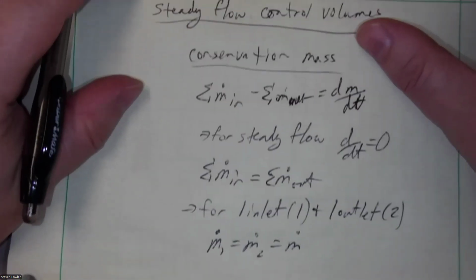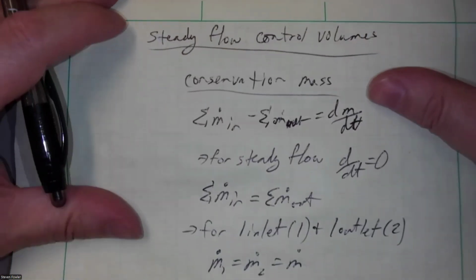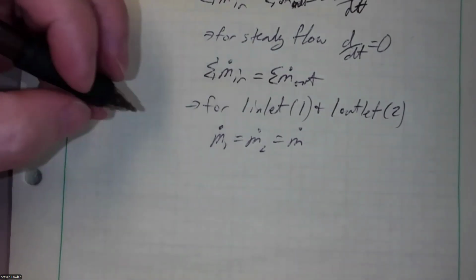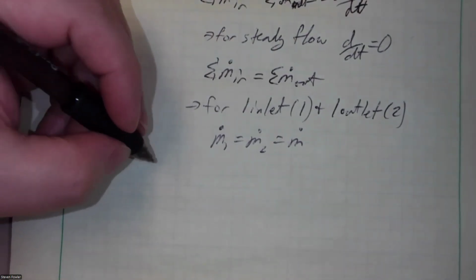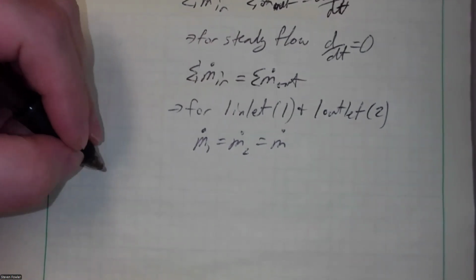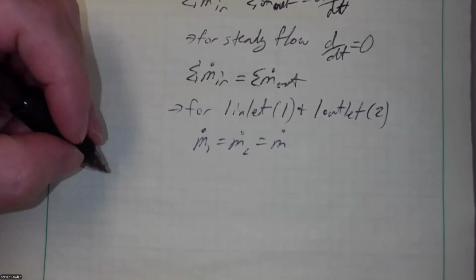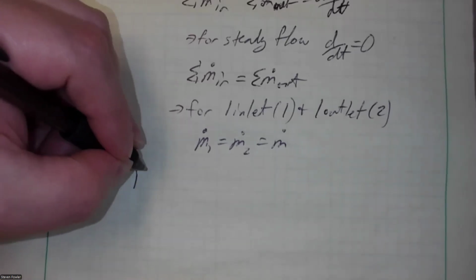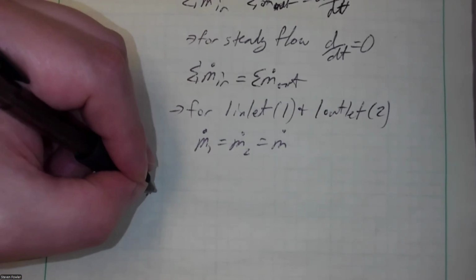Now, if I go back to first law for steady flow control volumes, now that I've talked about conservation of mass, because I'm dealing with moving mass, so I got to make sure the mass is conserved in addition to the energy now. We start back at the first law, original version.